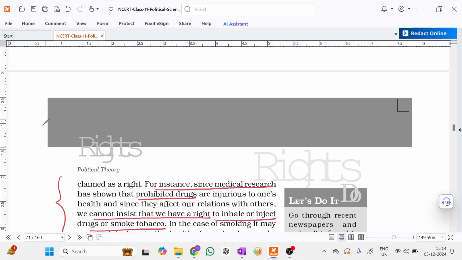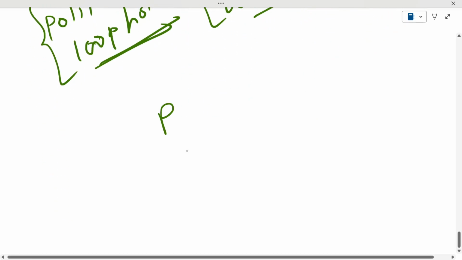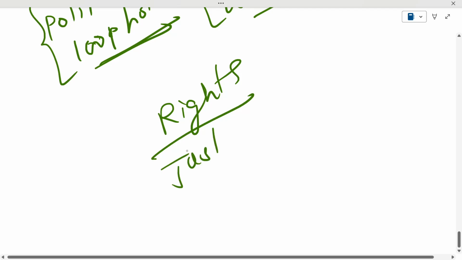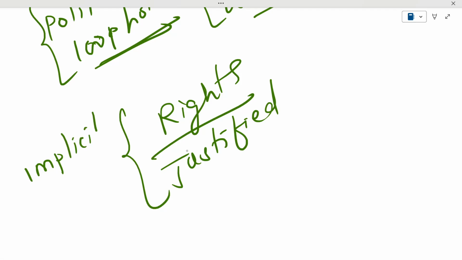So the point here is about the attributes or the claims that should be justified as rights. And it is a valid point in the sense that the rights that we are seeking need to be justified. And this concept is already implicit in what we have already talked about.